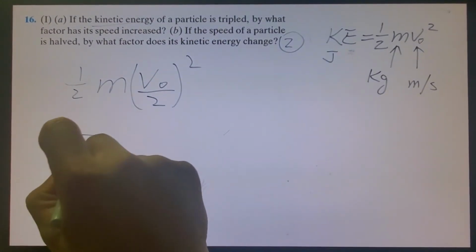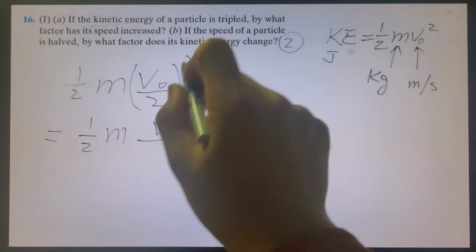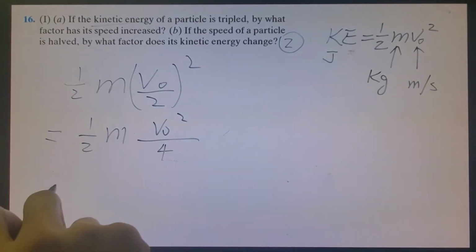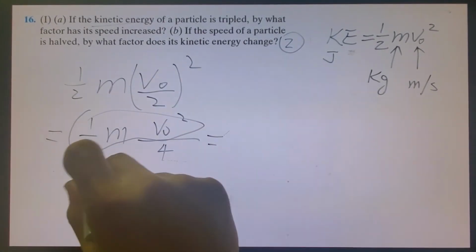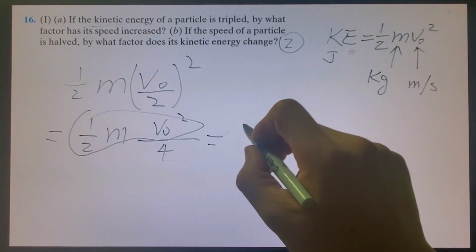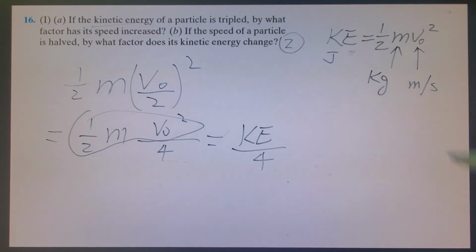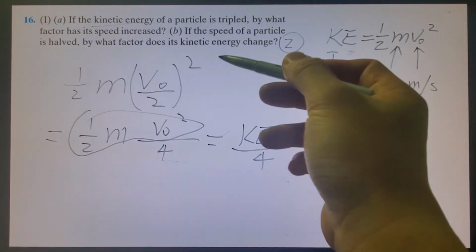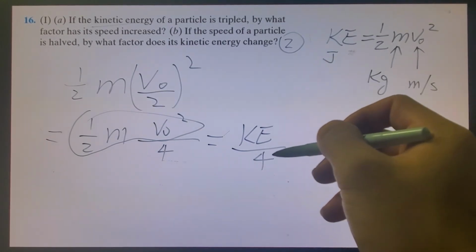So this will be half times m times Vo squared divided by 4. I'm going to combine this as the kinetic energy divided by 4. If you halve the velocity, then the kinetic energy will be just a quarter of it.